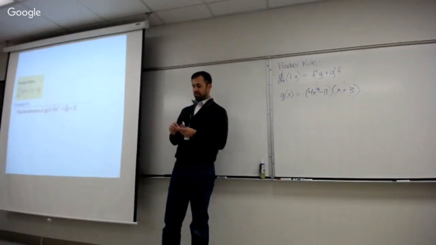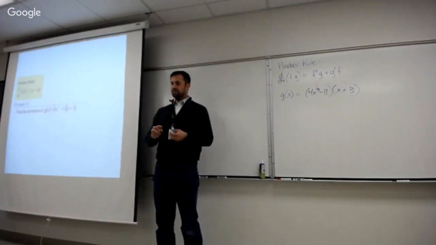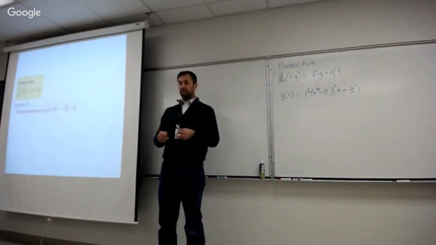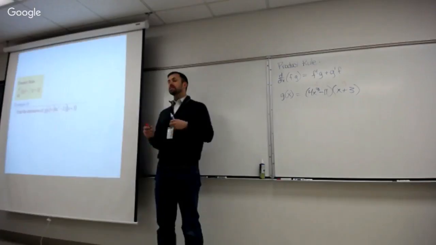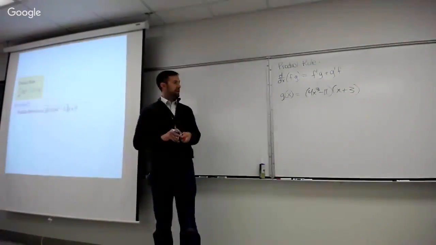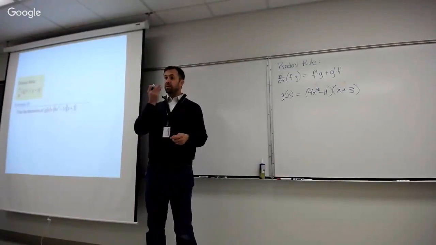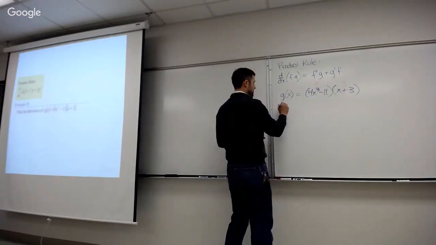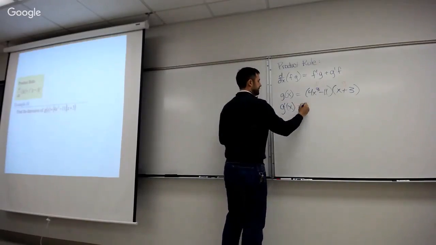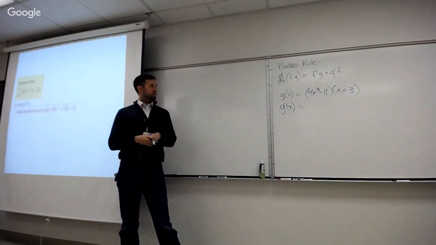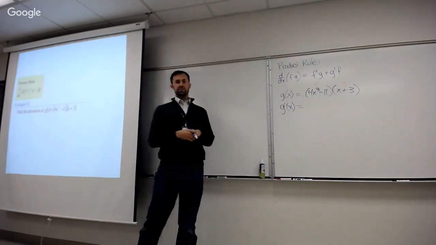It's much more helpful to say the derivative of the first times the second plus the derivative of the second times the first. So let's do that together as we verbalize it. Here we're about to find g prime of x. We are about to do the product rule. So here's the product rule in English.